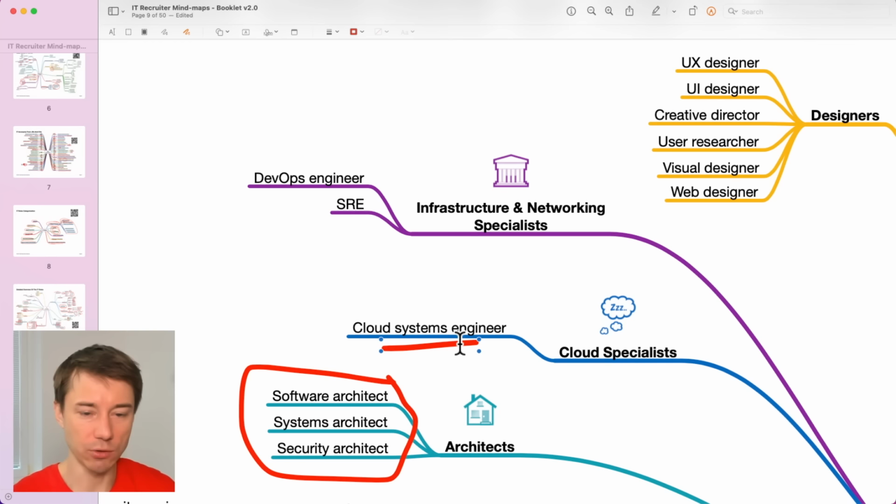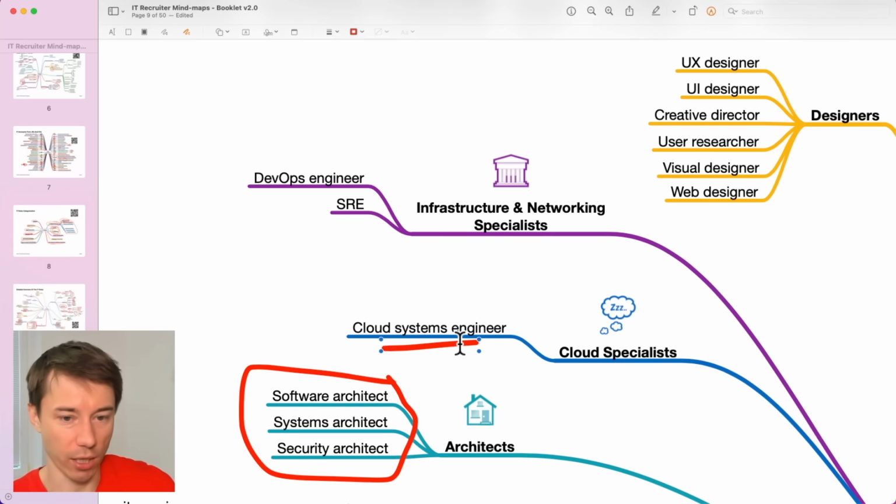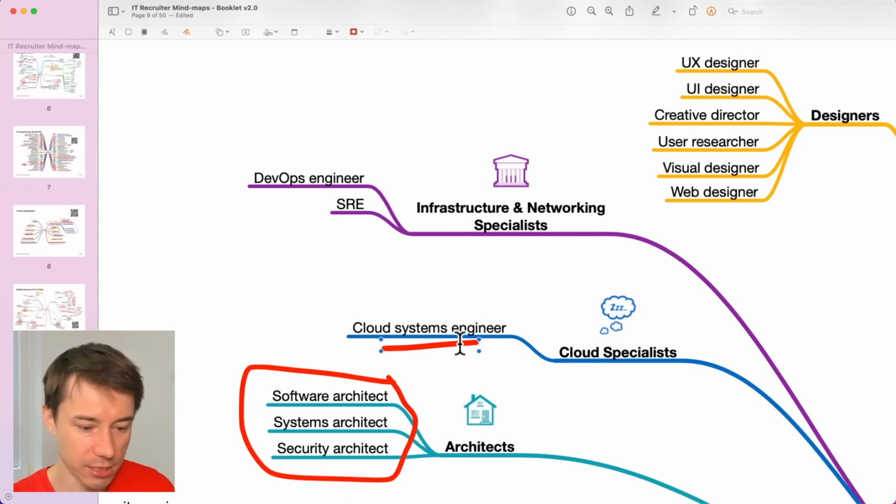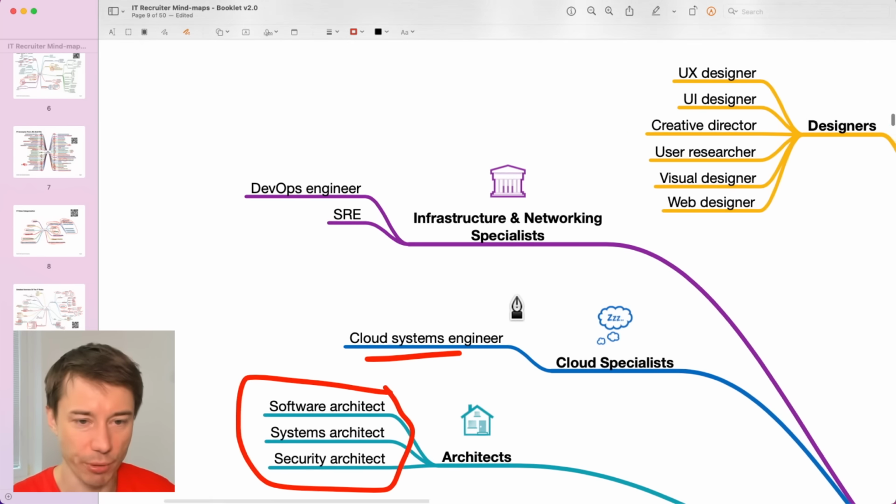So all these different cloud providers. And a cloud specialist usually focuses on one of them. That's why they become specialists. They get certified from the cloud provider, and they can help different companies adopt the cloud effectively. So these are the cloud specialists.